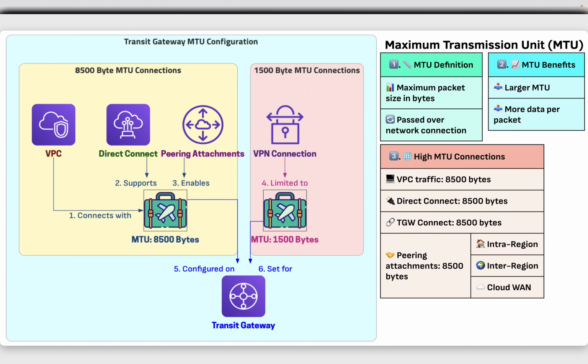A transit gateway supports an MTU of 8,500 bytes for traffic between VPCs, AWS Direct Connect, Transit Gateway Connect, and peering attachments, which is intra-region, inter-region, and also cloud wide area network peering attachments. But traffic over VPN connections can have an MTU of 1,500 bytes. So it is much lower than the actual 8,500, because it's a virtual private network and it will flow through the public internet. So that's why it has a lesser MTU.